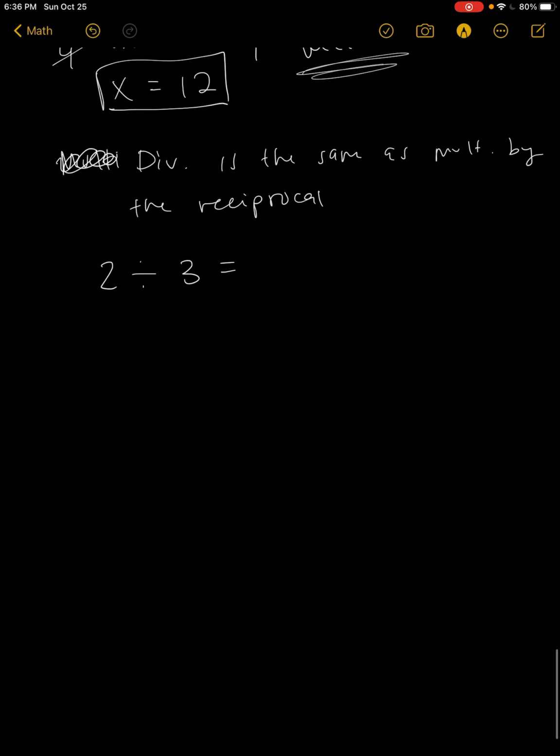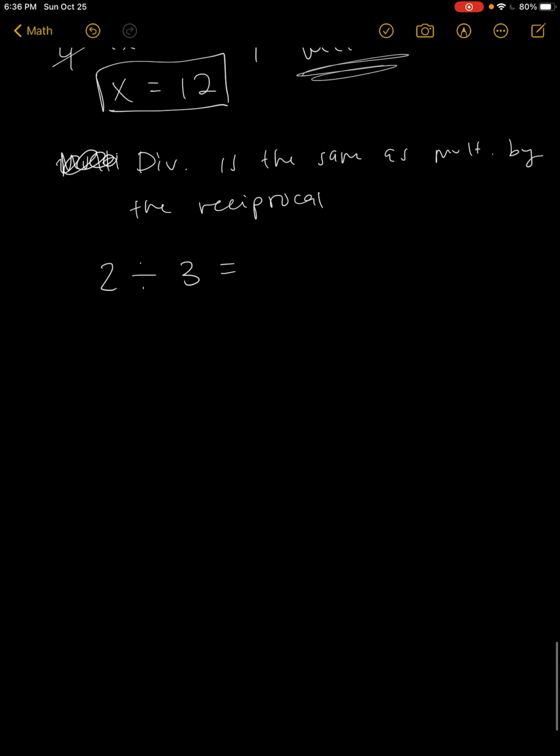So my example, if I have 2 divided by 3, instead of saying divided by 3, I can say 2 multiplied by the reciprocal of 3, which is 1/3.